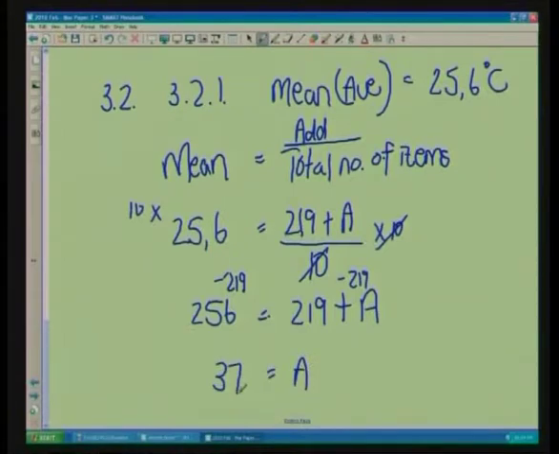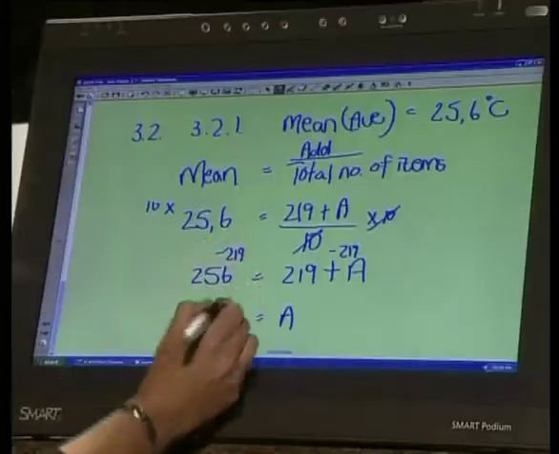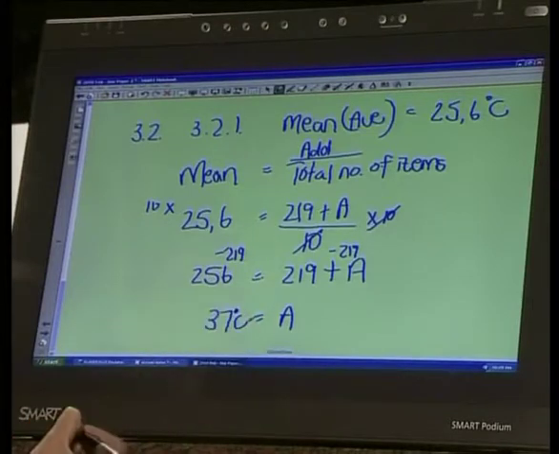Now, what is that 37? Remember, A stands for the maximum temperature in Durban. So we need to have a unit included in it, otherwise it doesn't mean anything. And remember, Maths Lit is all about the context. You need to understand the reason why we do these things is because there's a story behind it. So that's why we're putting in the degrees Celsius.